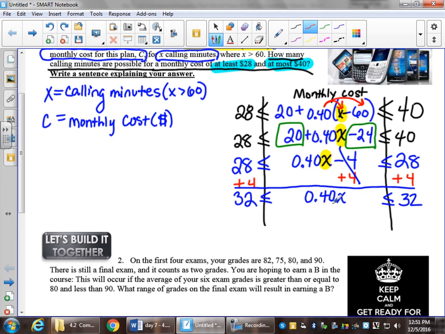This says 0.40 times x, so I can divide by 0.40. If you divide the middle by 0.40, you have to divide both sides. We'll get as a final answer x greater than or equal to 80, less than or equal to 110.